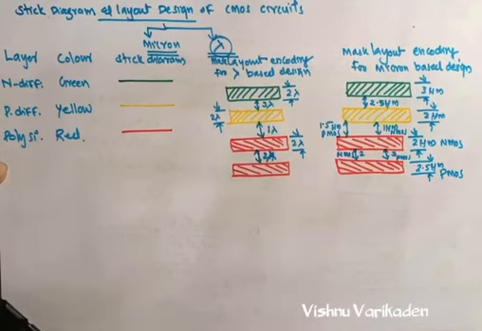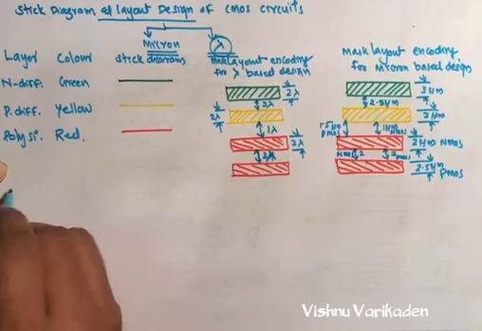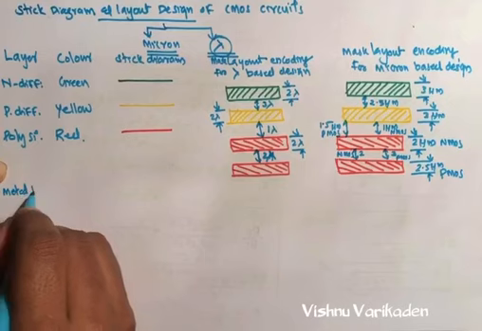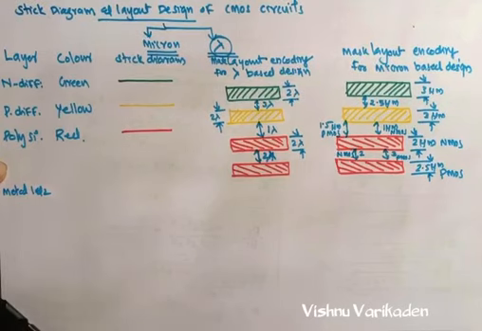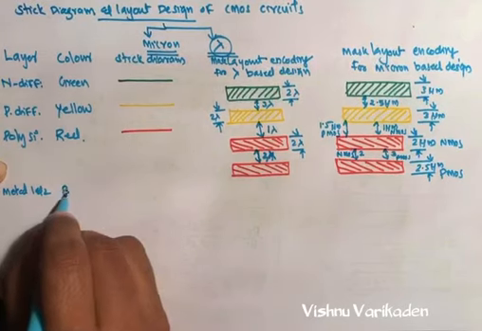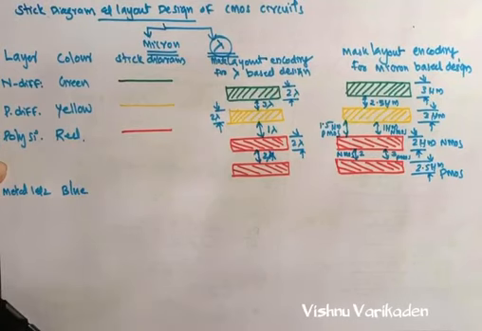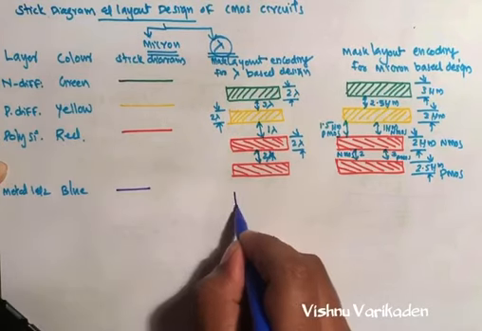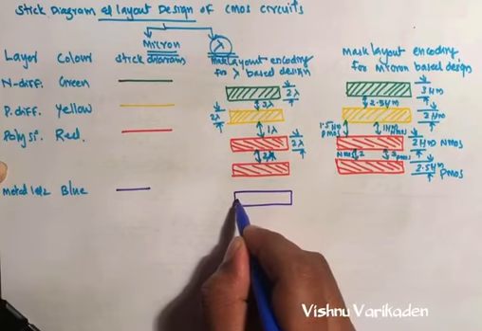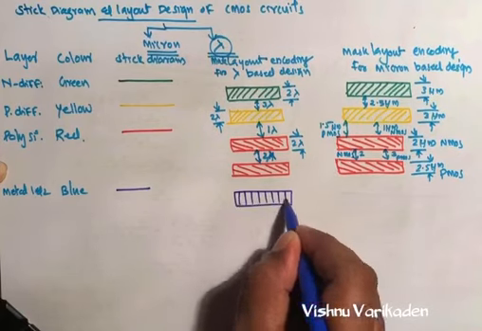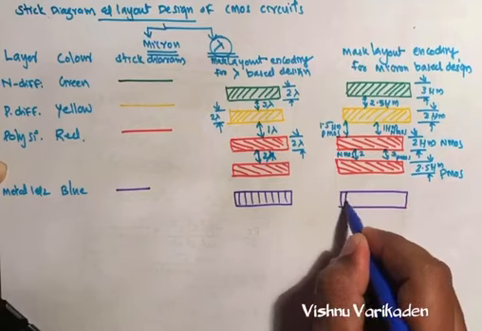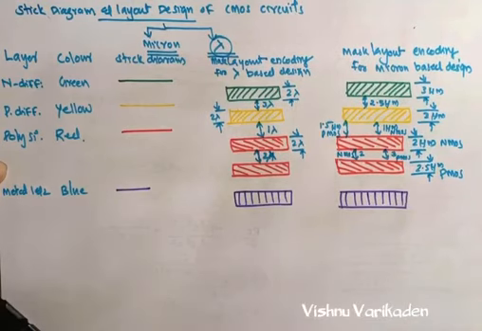So now we can make the metal. Metal 1 and metal 2 are blue. So we can make the blue like this. We can make the metal symbol like this, metal 1 and 2, denoting for the micron based.